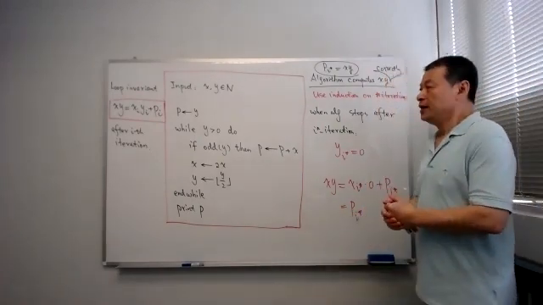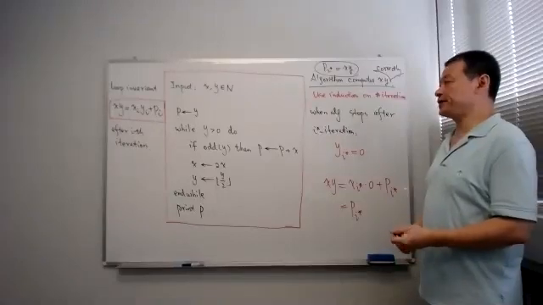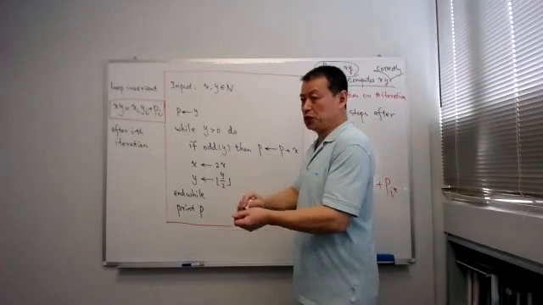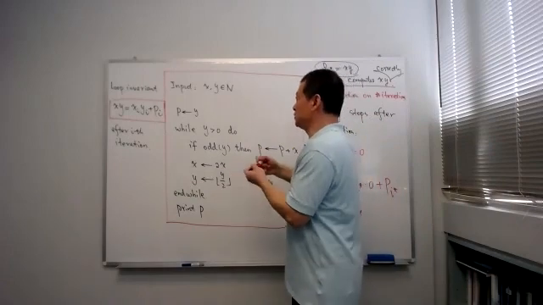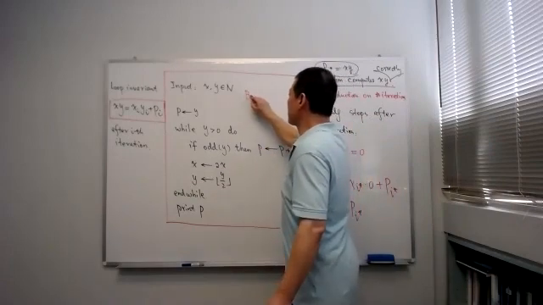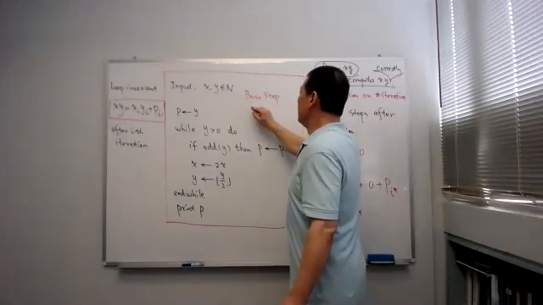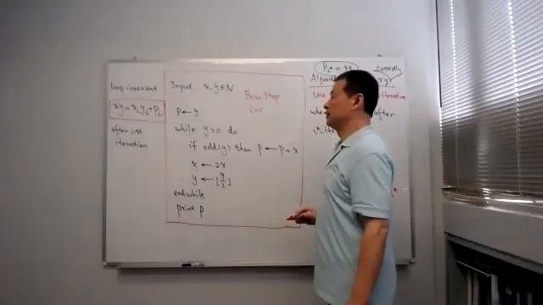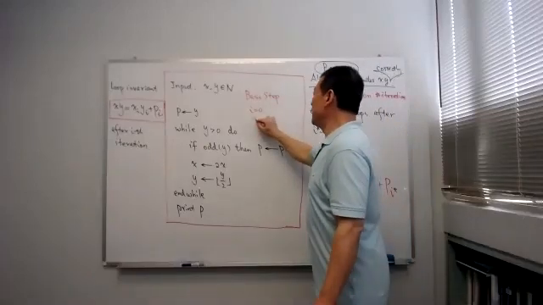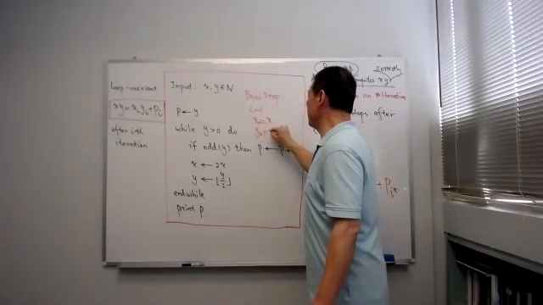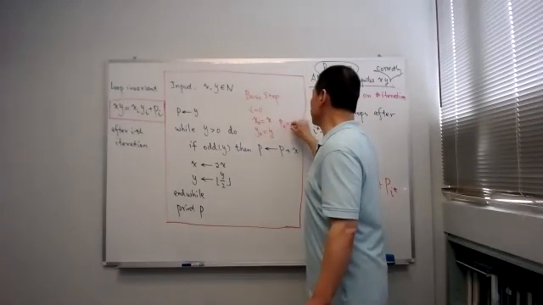Okay. Now for the initial step, the basis, again, we need to do two things. Maybe it's easier to do the basis first. When i equals 0, we have x_0 equals x, y_0 equals y, and p_0 equals 0.